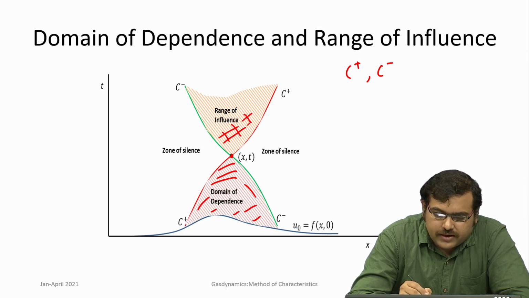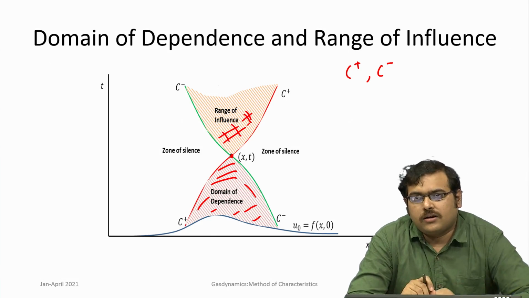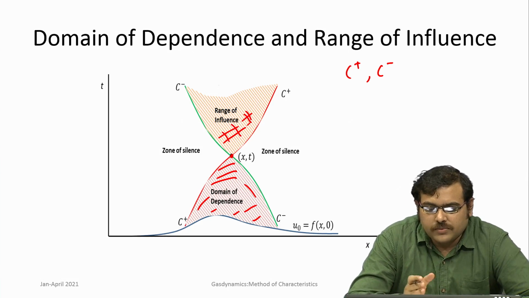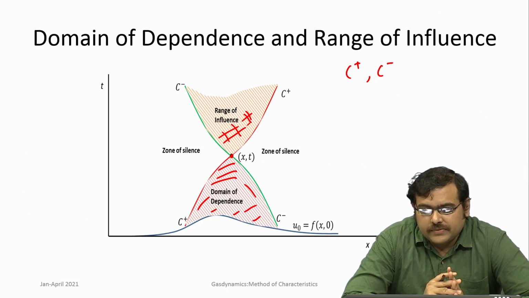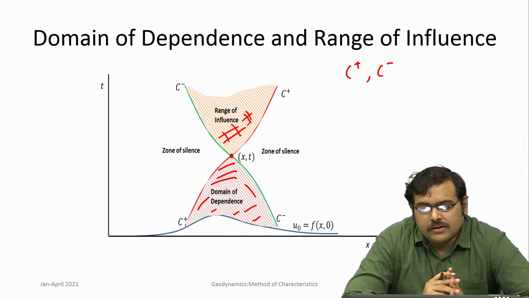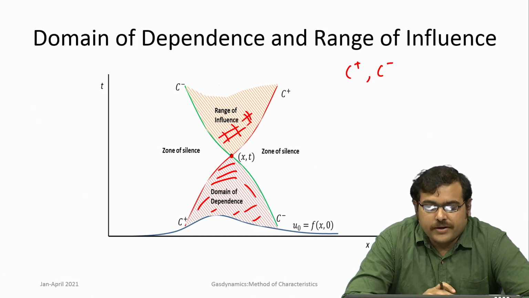So, this is the range of influence for this particular point. If you take any other region which is away, which is not bound by the characteristic curves, those points are not influenced, or those points are not influencing that particular point. So, they are known as zones of silence.